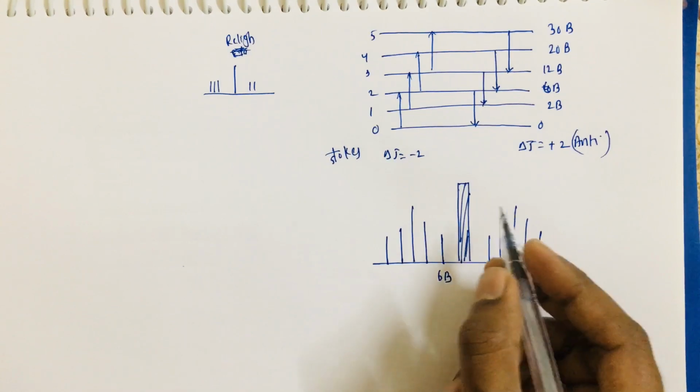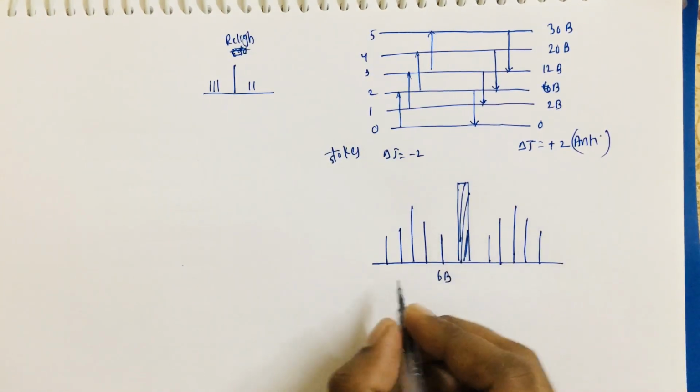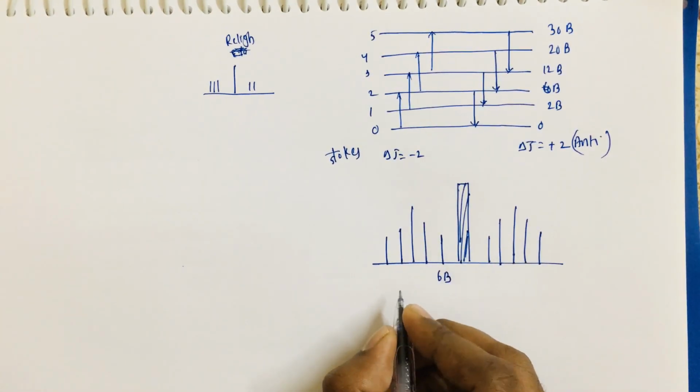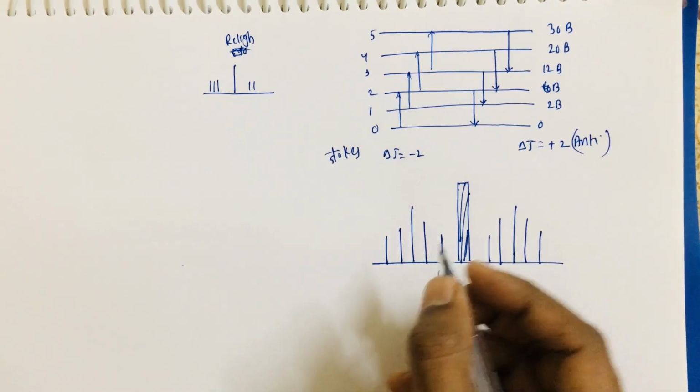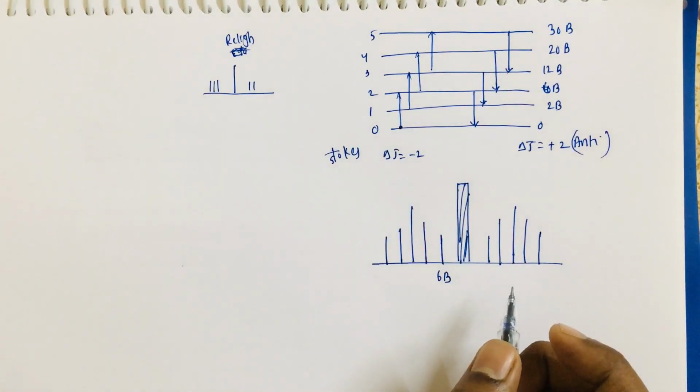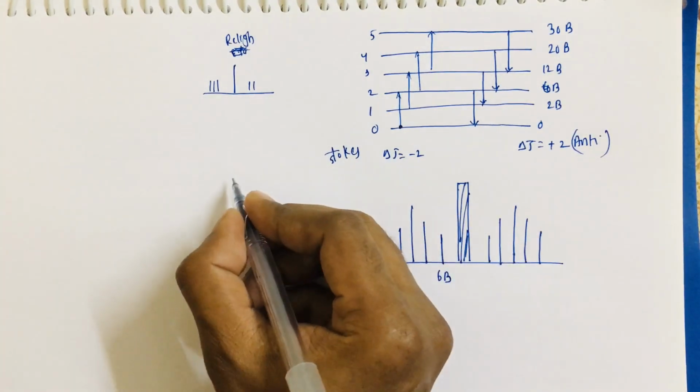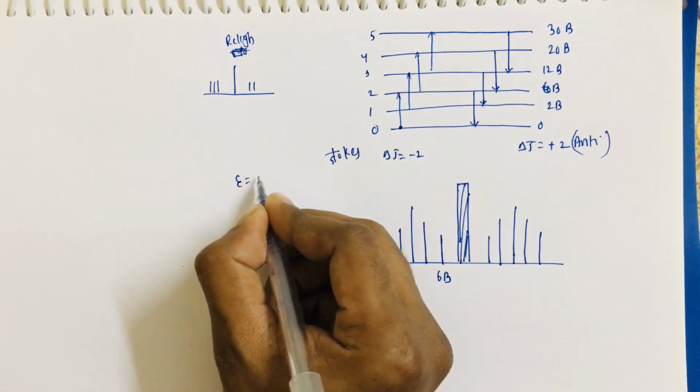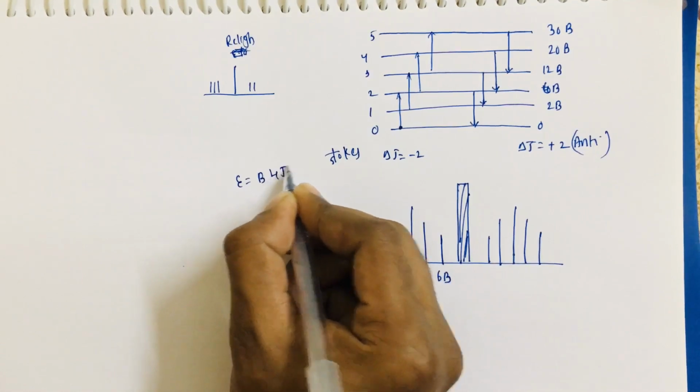So how will we calculate this one? Because this is the transition which is going from the 0. Now we have a principle that energy equals B(4J plus 6) centimeter inverse.